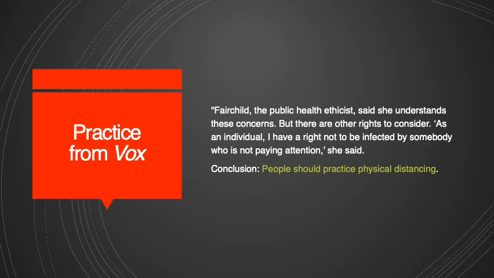It's not totally apparent from this passage, but if you were to look at it in the larger passage, I'm sure you could pick this out. The conclusion is people should practice physical distancing. Now, given that you know that that is the conclusion, what are the premises going on in this passage? Are the moral premises appealing to consequences, to duties, or to virtues?